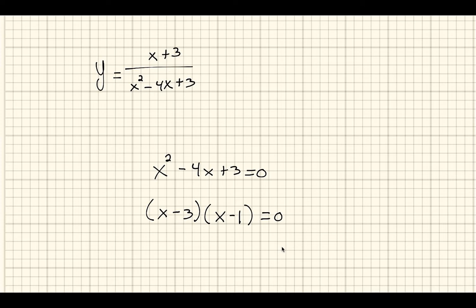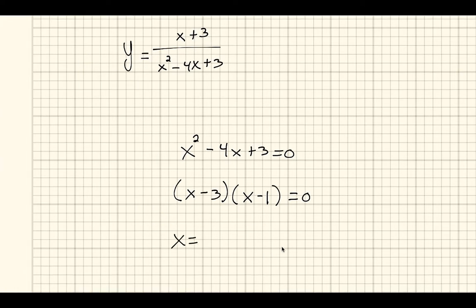And if we're solving this, we have an x equals 3, and we have x equals 1 coming from these two factors. Okay, this produces a solution of 3, this produces a solution of 1. So there is where our asymptotes are going to be.